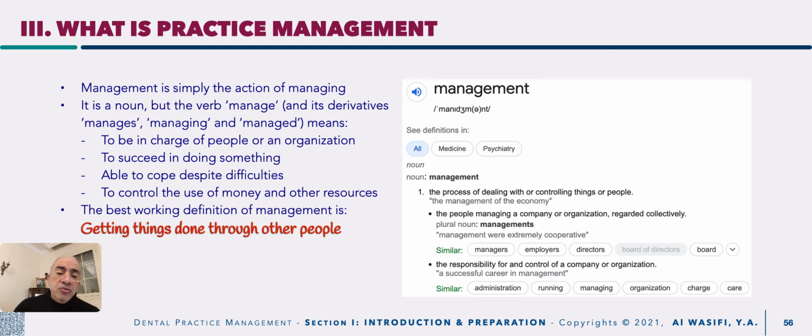It differs according to your career and where and when you are practicing management. But the most descriptive terminology is getting things done through other people. This is what is meant by management.